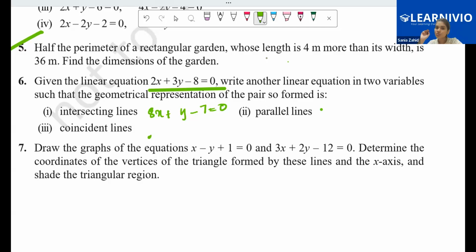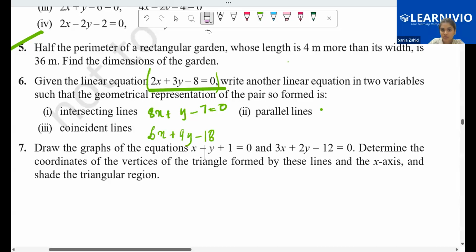Let's suppose you take 3 and multiply the entire thing by 3. So you have 9x plus 9y minus 18... I'm sorry, it's 8, not 6... 24 is equal to 0. So the constant changes, and these are coincident lines.